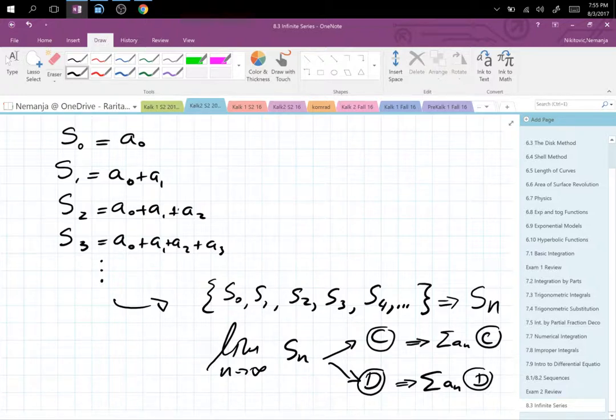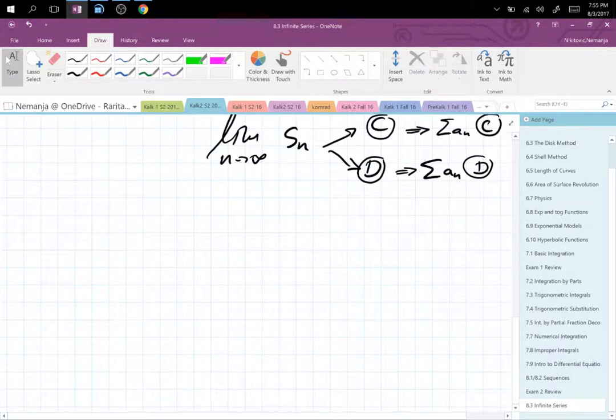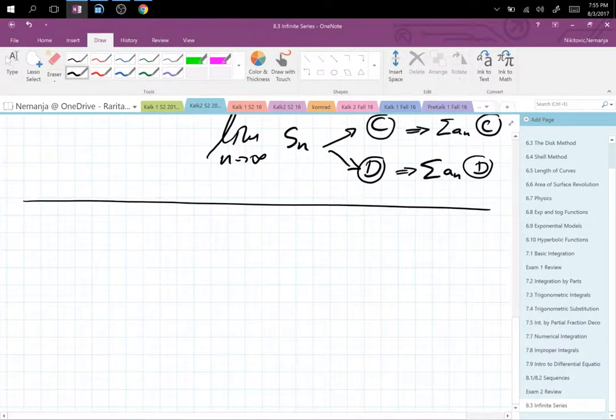So let's take a look at the first major test, which is known as geometric series test.